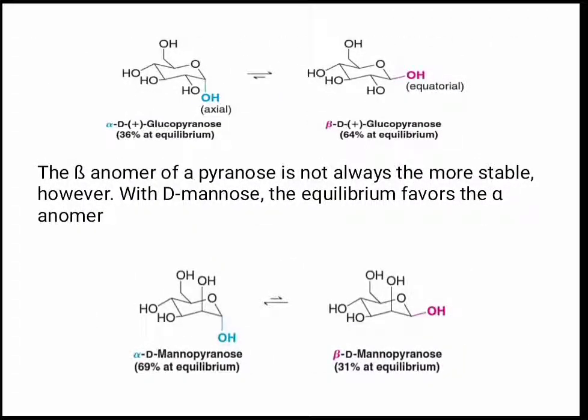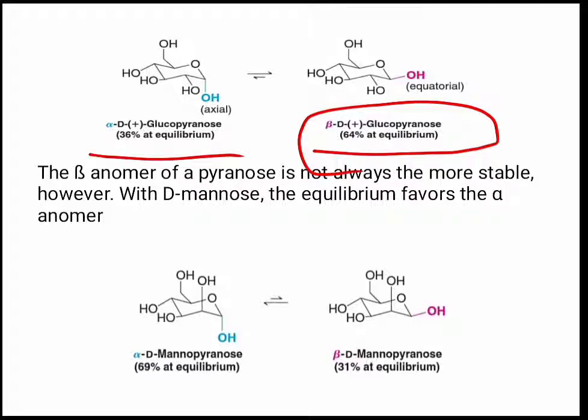The beta anomer of a pyranose is not always the more stable. With D-mannose, the equilibrium favors the alpha anomer. In case of glucose, you can see that beta-D-glucopyranose has the higher stability, that's why it is 64% at equilibrium and the alpha is 36%.